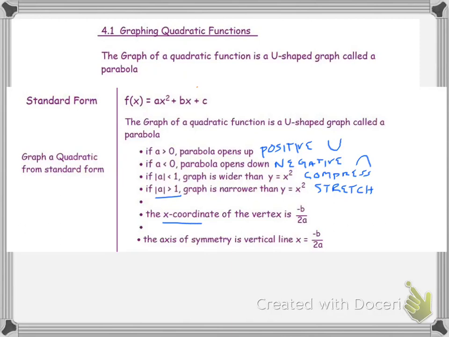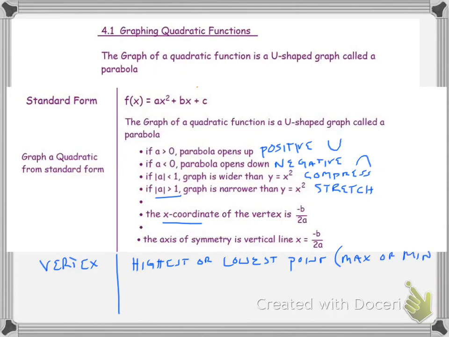We're going to talk about the vertex, and the vertex is the highest or the lowest point on the parabola. It's also called the maximum or the minimum, depending on if it's the highest or the lowest.